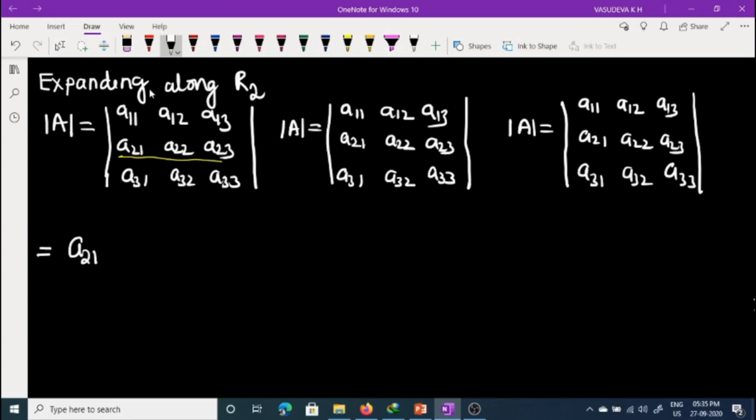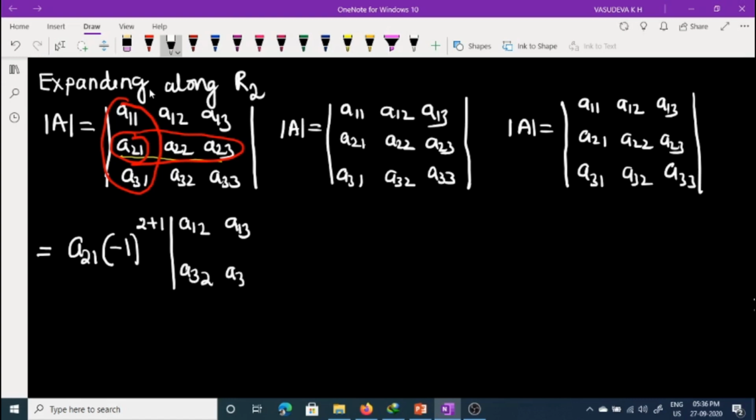A21 into minus 1 to the power of 2 plus 1, the sum of the suffixes. Now this element A21 lies in the second row and the first column. Leaving the elements of the second row and the first column, the determinant of the remaining elements. What are the remaining elements here? A12, A13, A32, A33.